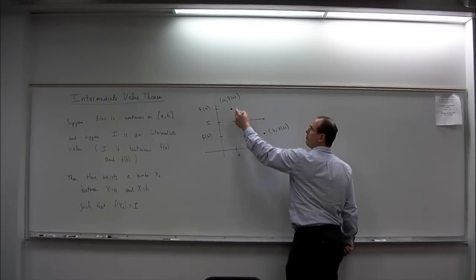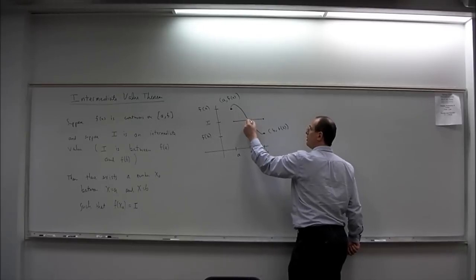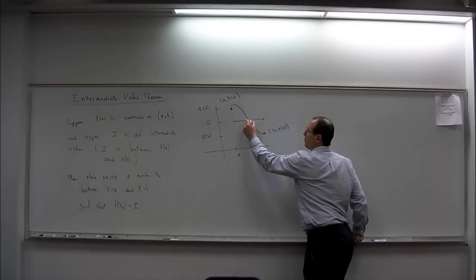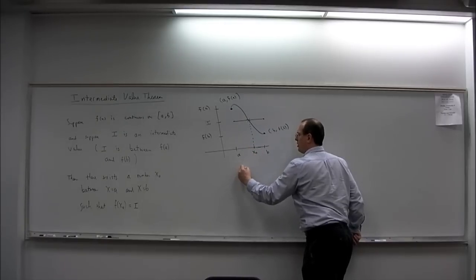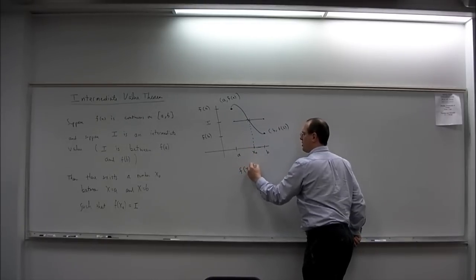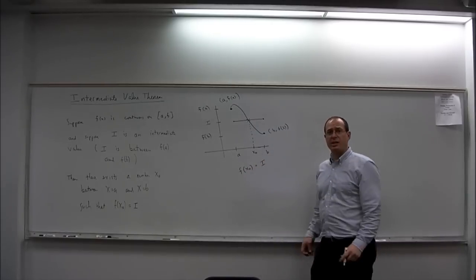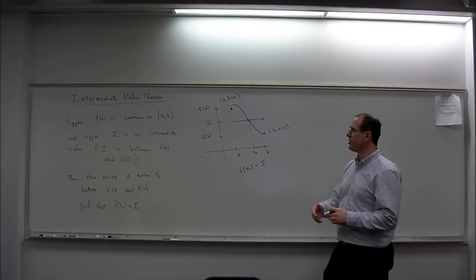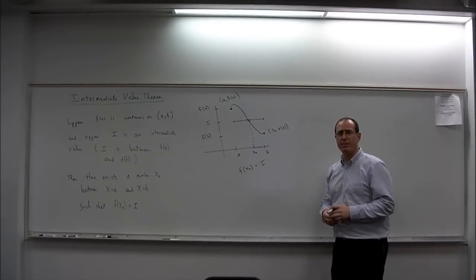Remember that a function graph passes the vertical line test. So if we drop down to the x-axis, this is the value x0 guaranteed to exist somewhere between a and b, such that f of x0 is equal to I. So this is the theoretical statement of the theorem, and here's the associated diagram.